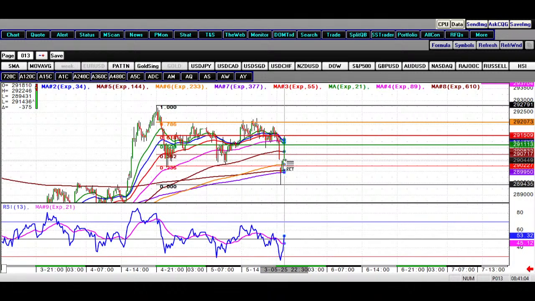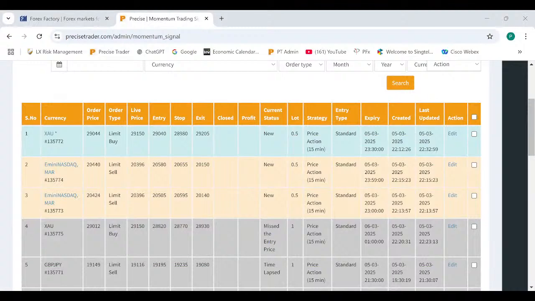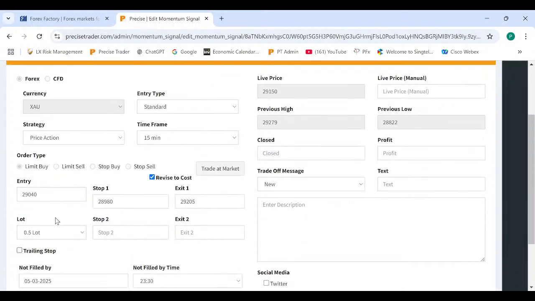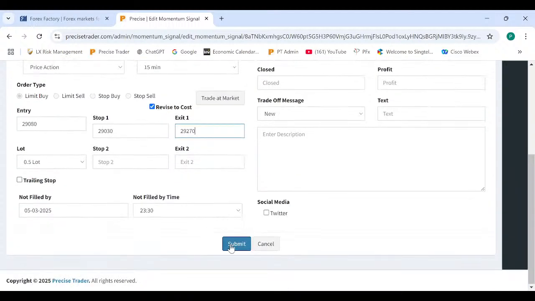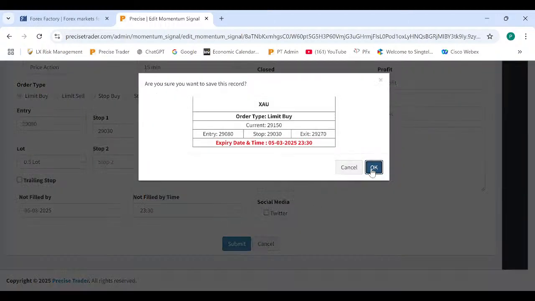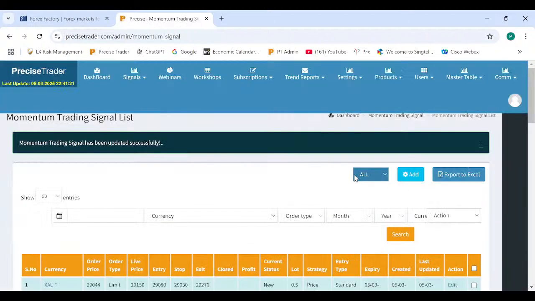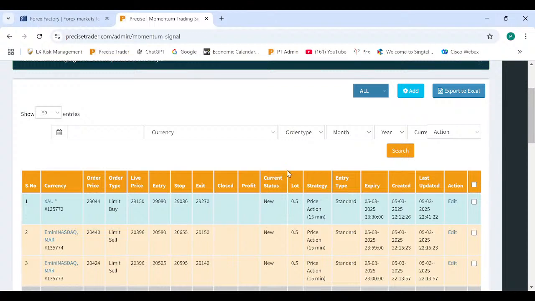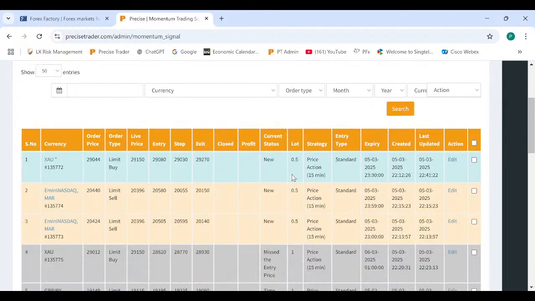So let's try to enter at 08, stop 03, and the TP we will put at 2927.